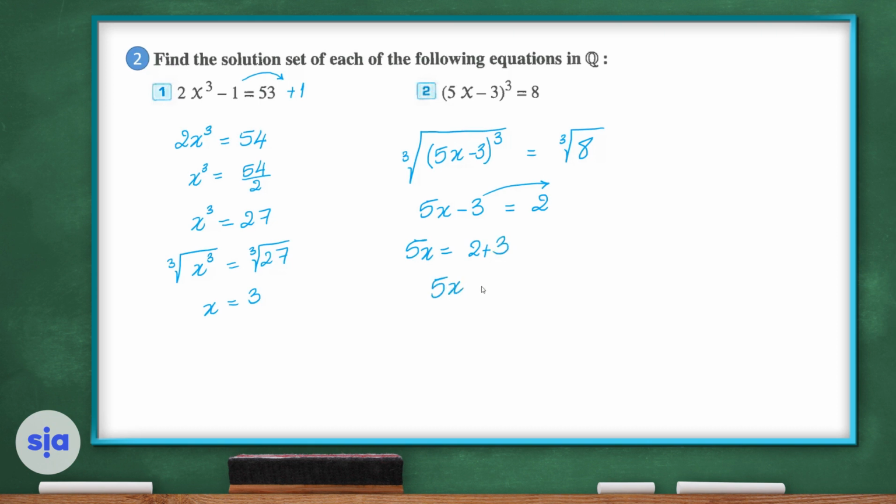Then 5x equals 5. So x is equal to 1. As long as the question is asking me to find the solution set, in each of the two answers you have to write solution set equals 3 in the first one and solution set equals 1 in the second question.